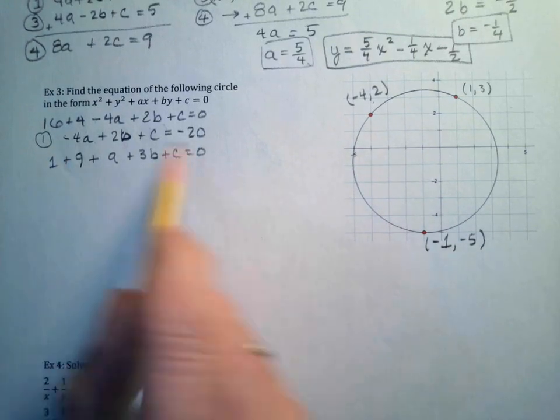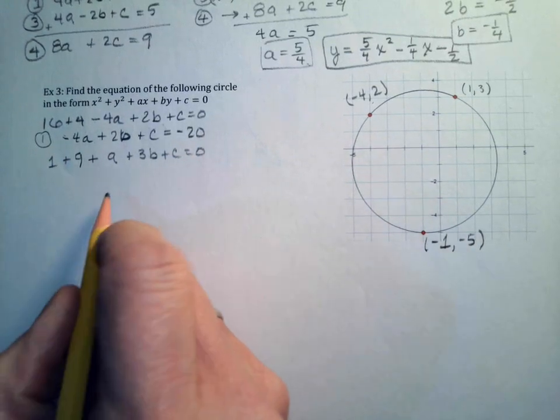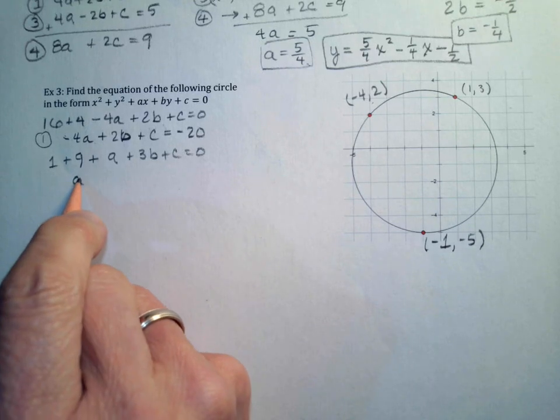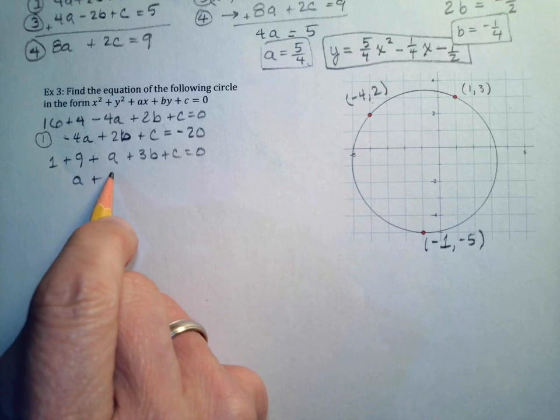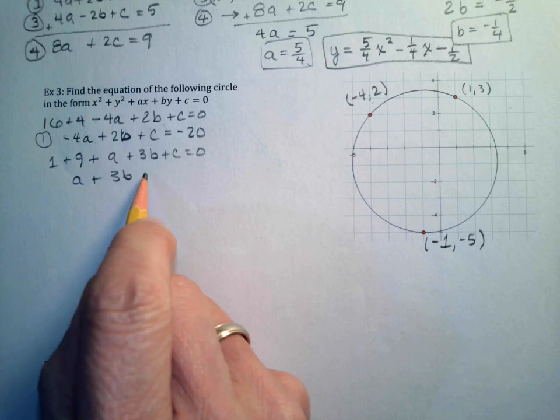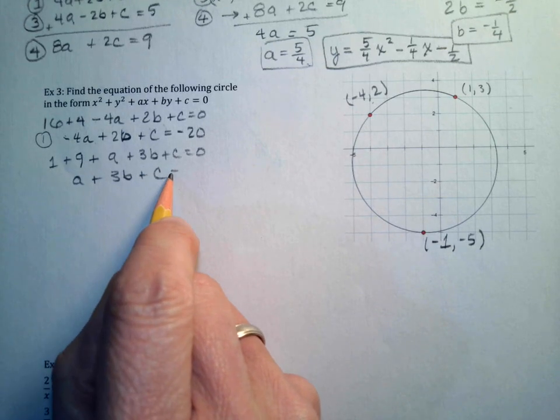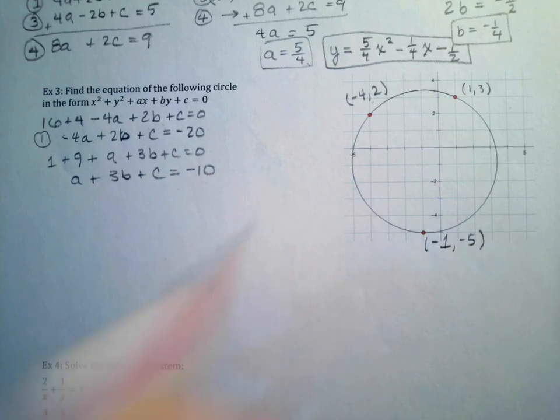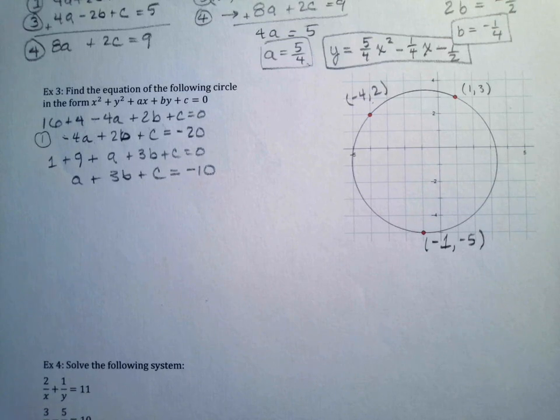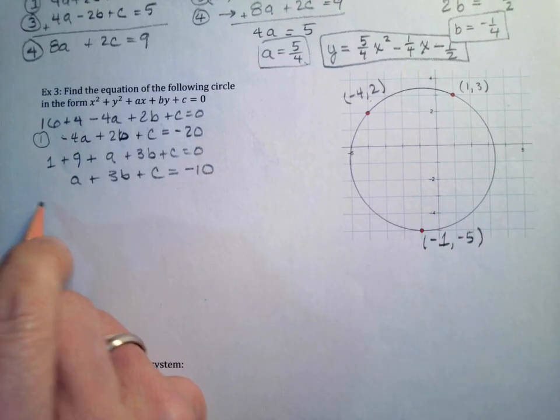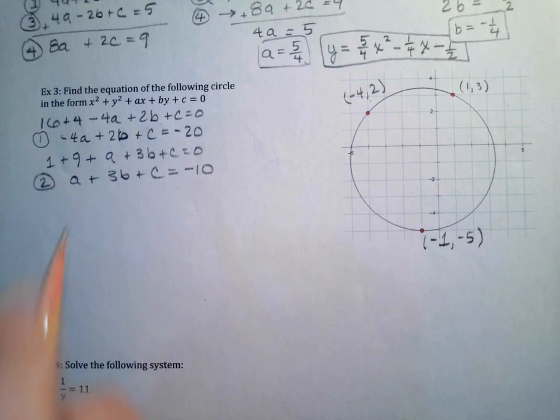And again, let's put it in the same form we did up above. A plus 3b plus c equals negative 10. And we'll call that equation 2.